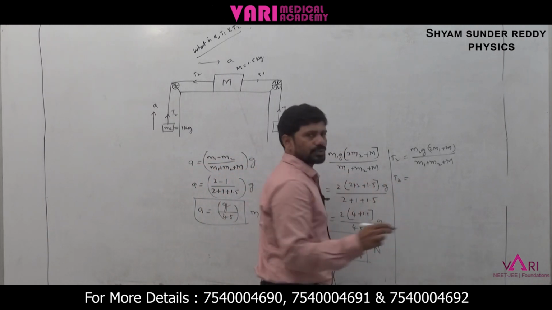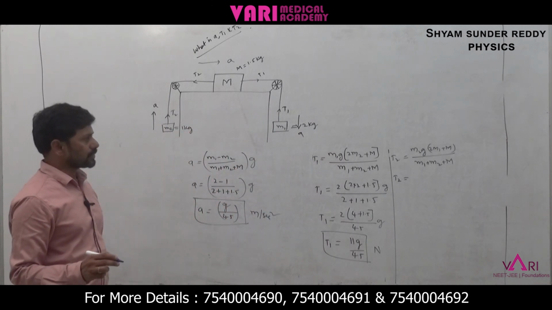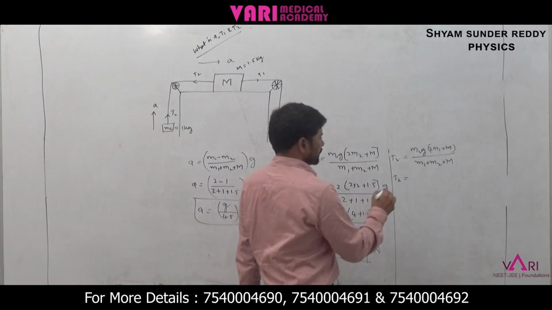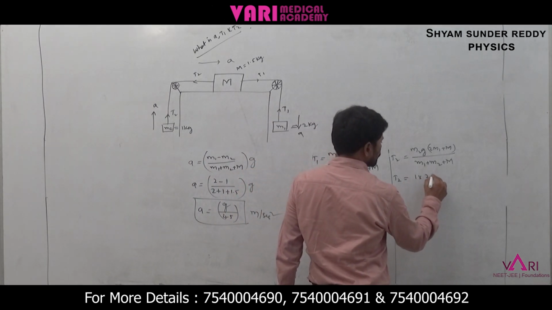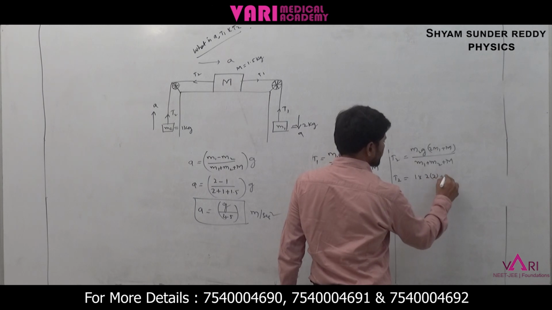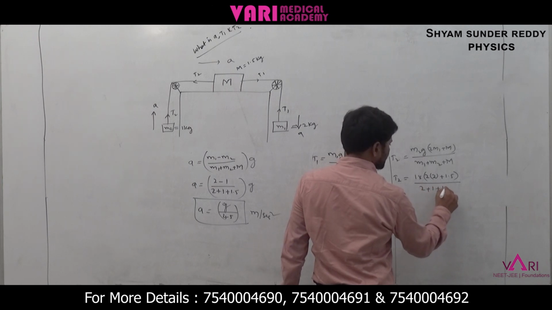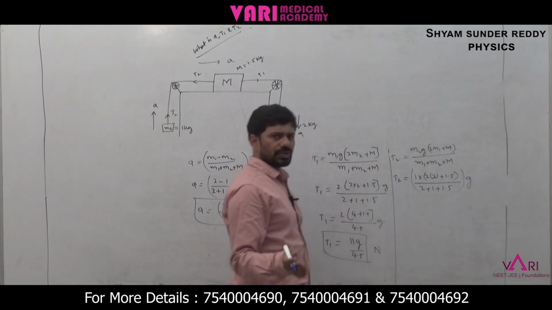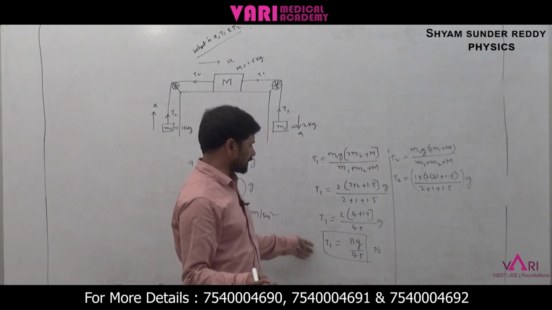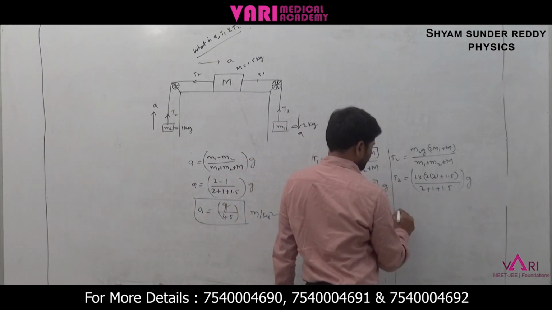M2 is 1, M1 is 2 kgs. So this is 1 into (2 into 2 plus 1.5) by (2 plus 1 plus 1.5) into G. G is taken as 10 or 9.8. If they mention it in the problem, we can substitute the G value.